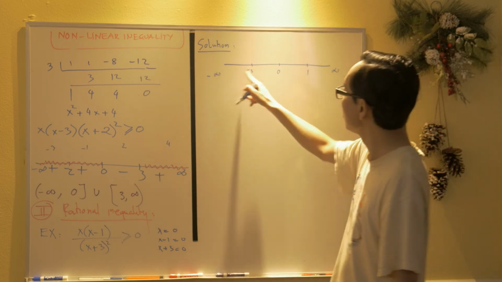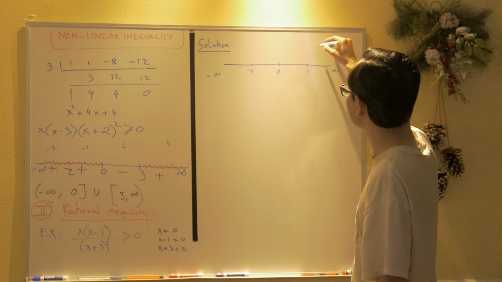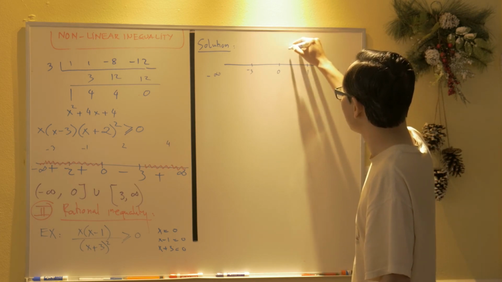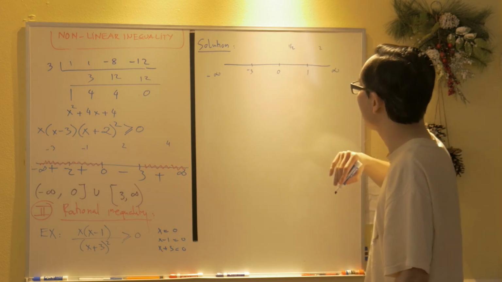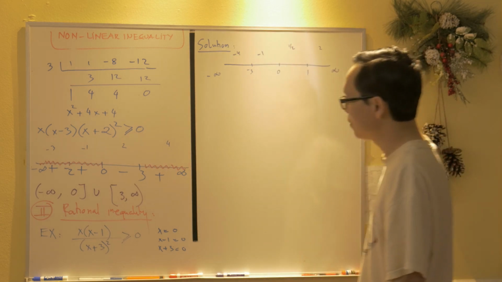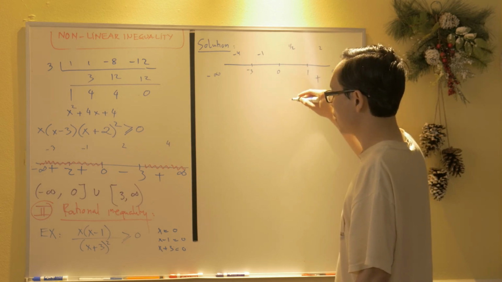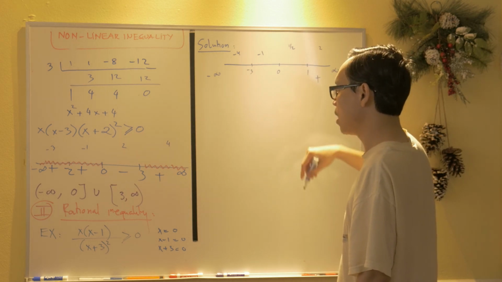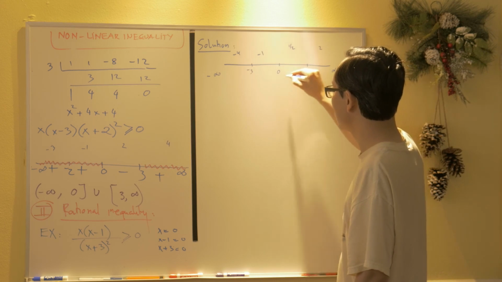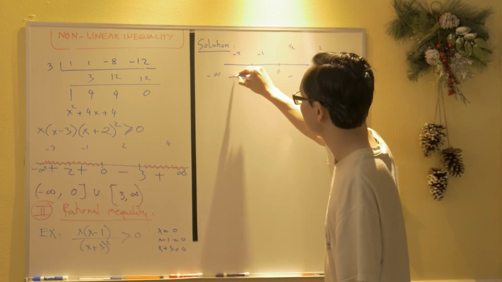So we have 1, 2, 3, 4 intervals, so you're going to plug in a value in each. I'm going to plug in 2 here, 0.5, 1.5, half over here. You plug in negative 1 here, negative 4 here, and after you plug it in, you see that this turned out to be positive, negative, positive, and this is also positive.